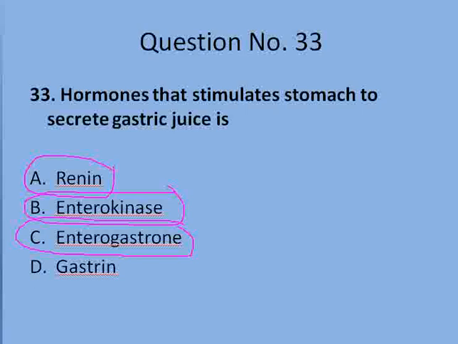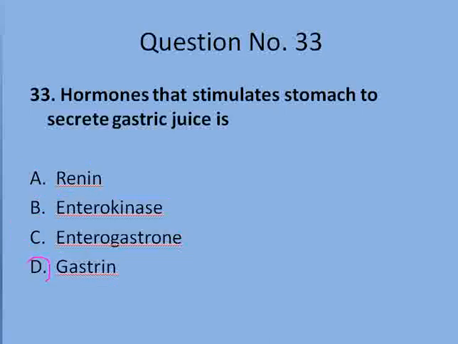Whereas gastrin is a hormone. So the correct option for this question is D. Gastrin stimulates stomach to secrete gastric juice. So option D is the correct answer for this.